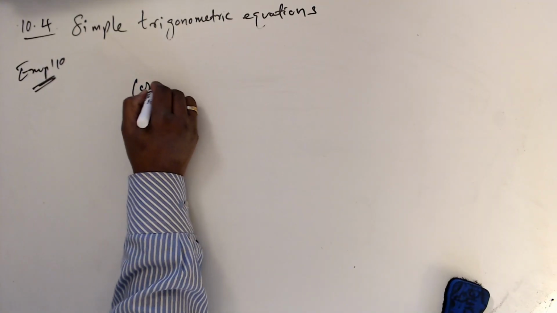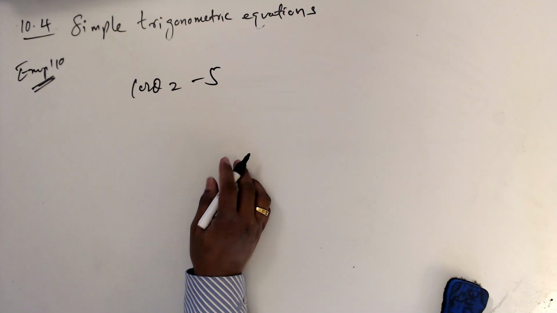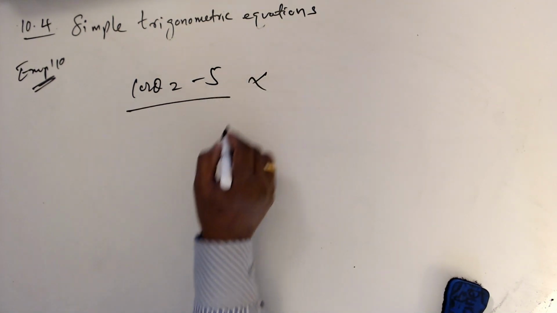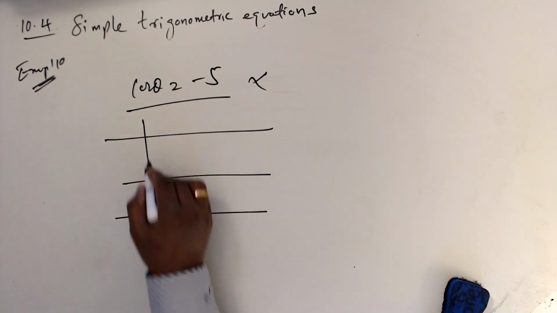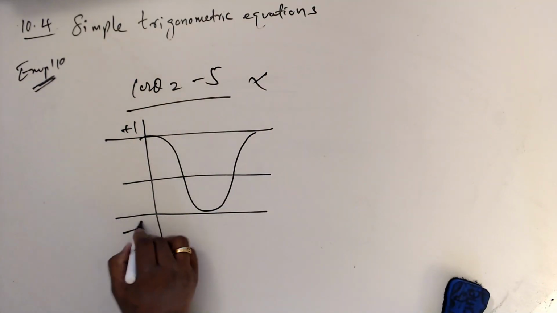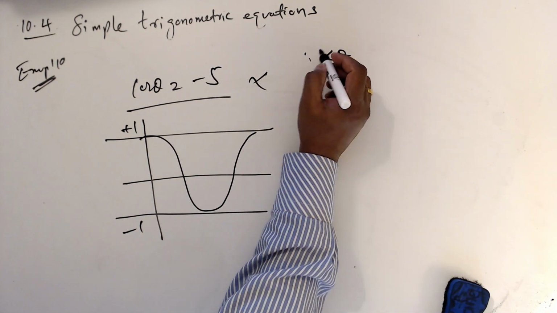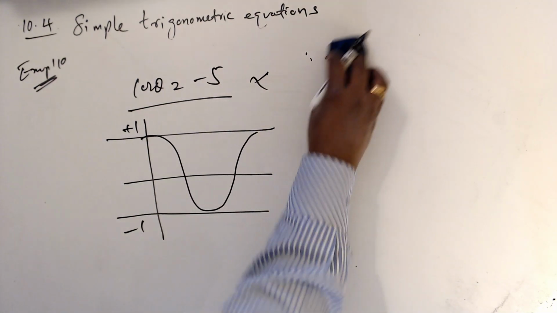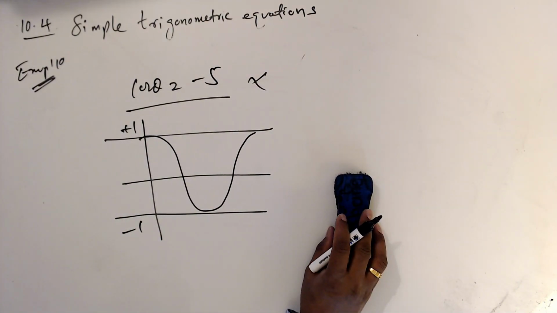How about this one? Cos theta equals minus 5. You can't solve this one. It's the same issue because the cos graph moves between plus 1 and minus 1. Sorry, in the previous sum I think I made a mistake. I want to correct that.